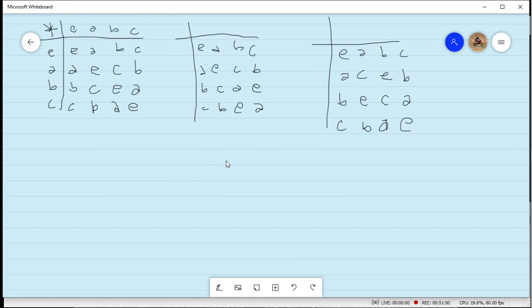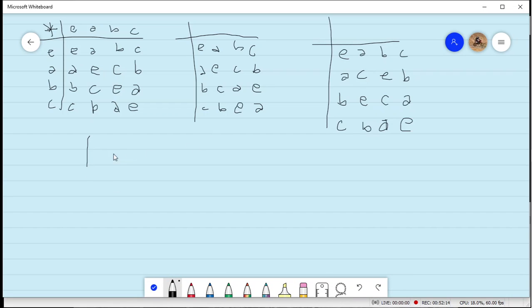But to make the long story short, it can be shown that above the 3, there are only 2 distinct binary operations. These 2 actually are the same. Let us number this. This was the first group table that I have constructed. This is table number 2 and this is table number 3.